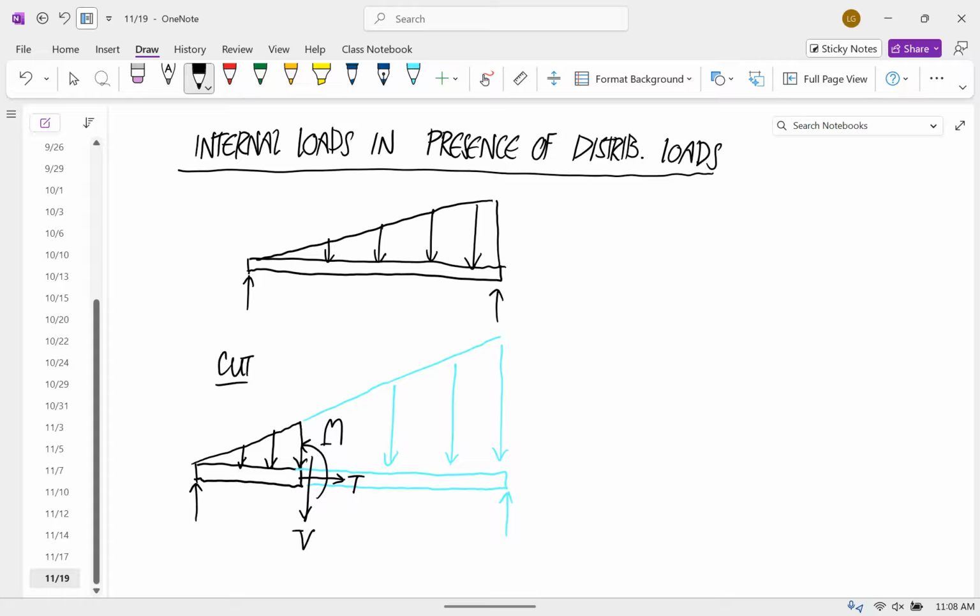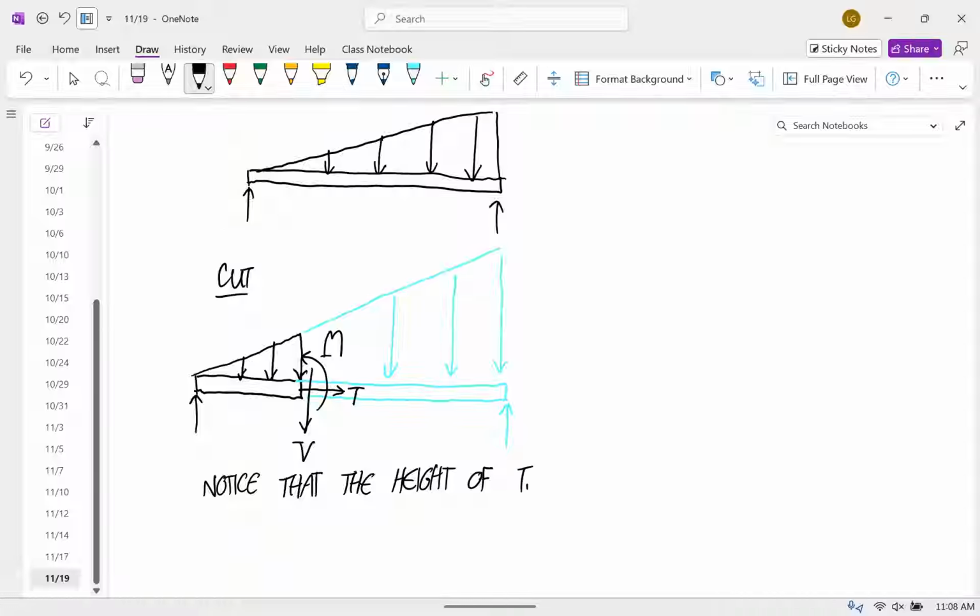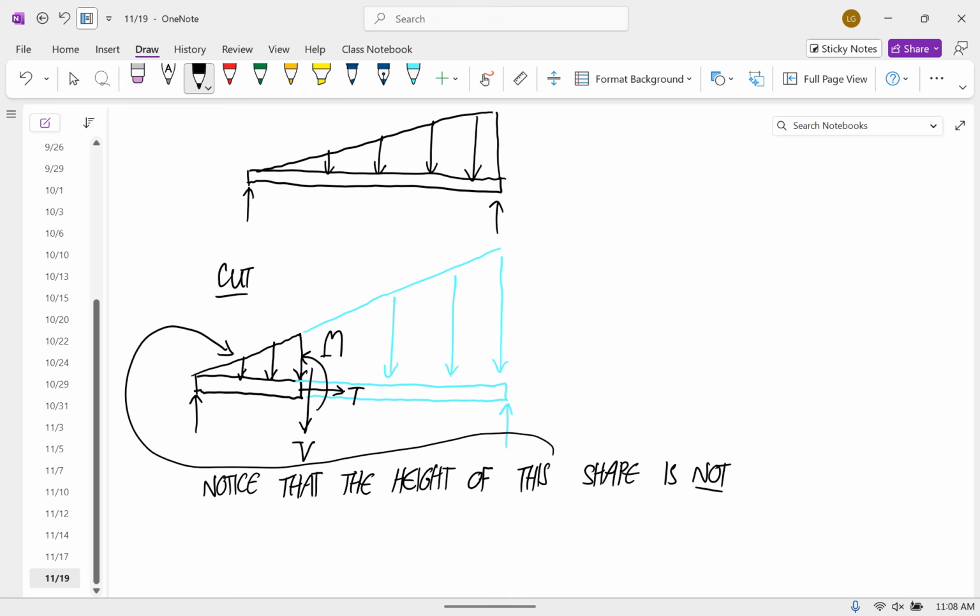But notice that the height of this shape is not the height of this shape.